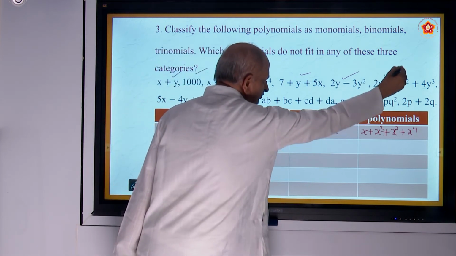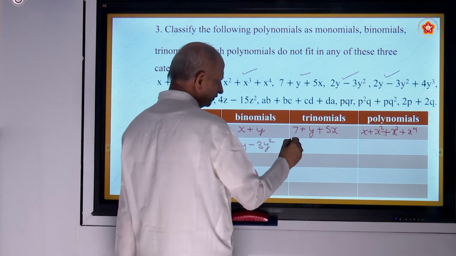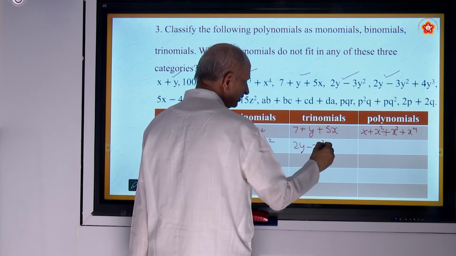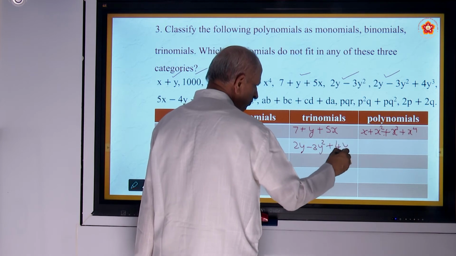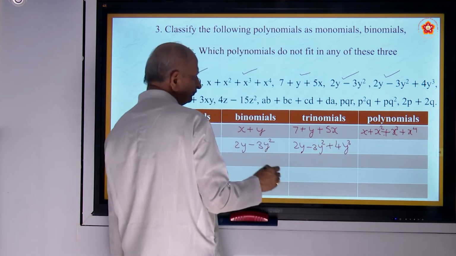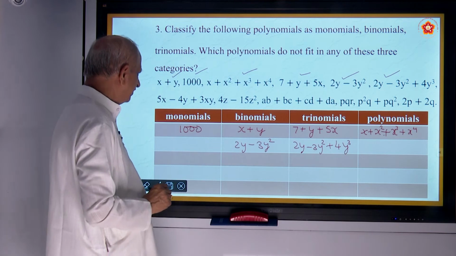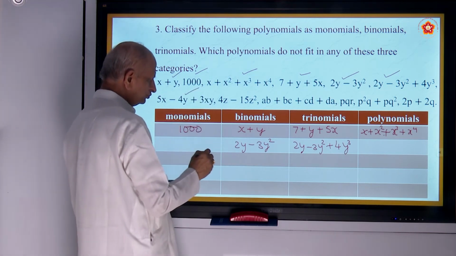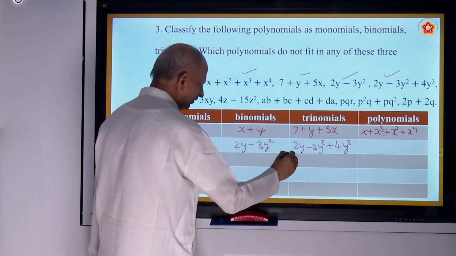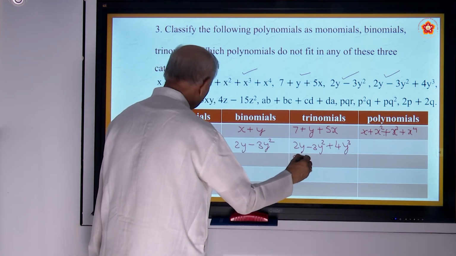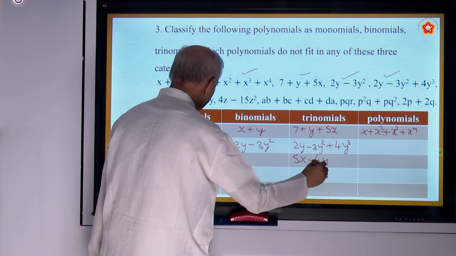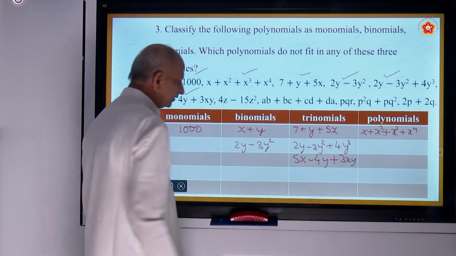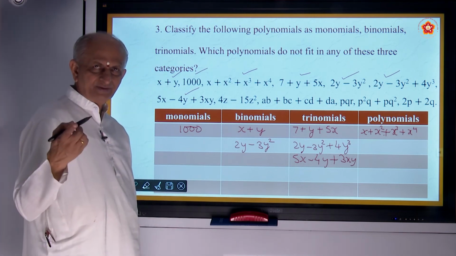Then you have trinomial: 2y minus 3y squared plus 4y cubed. Correct? The trinomial. Then again trinomial, that is 5x minus 4y plus 3xy. Writing down? Okay?